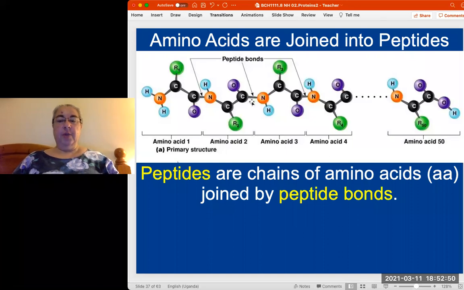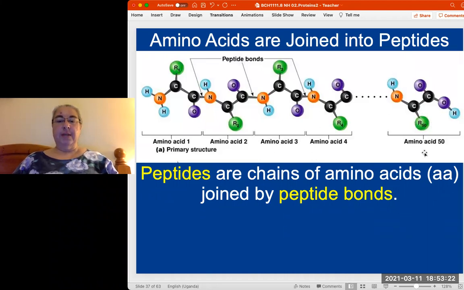And now, because we're looking at a polypeptide chain, the amino acids are joined together by a chemical bond called a peptide bond. So each amino acid building block is joined to the next one by a peptide bond. So here's one, the next, and so on along the long chain of amino acids.